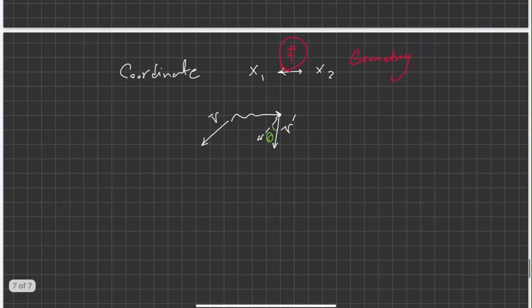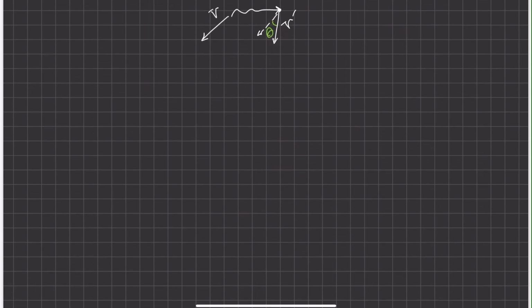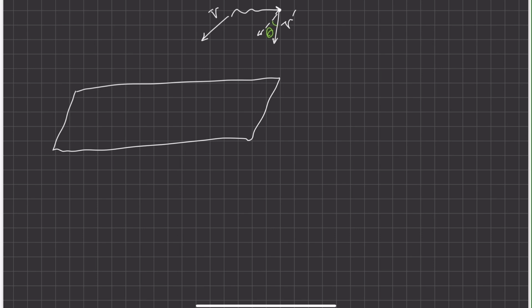Okay, so why did I say all this story about manifolds? I wanted to say that some normal vector, something which we call a normal vector field, when we are rotating it by 2 pi, it would return to itself. So imagine that I have a manifold here, and then I have a vector field that I define, for example, as parallel to that plane.